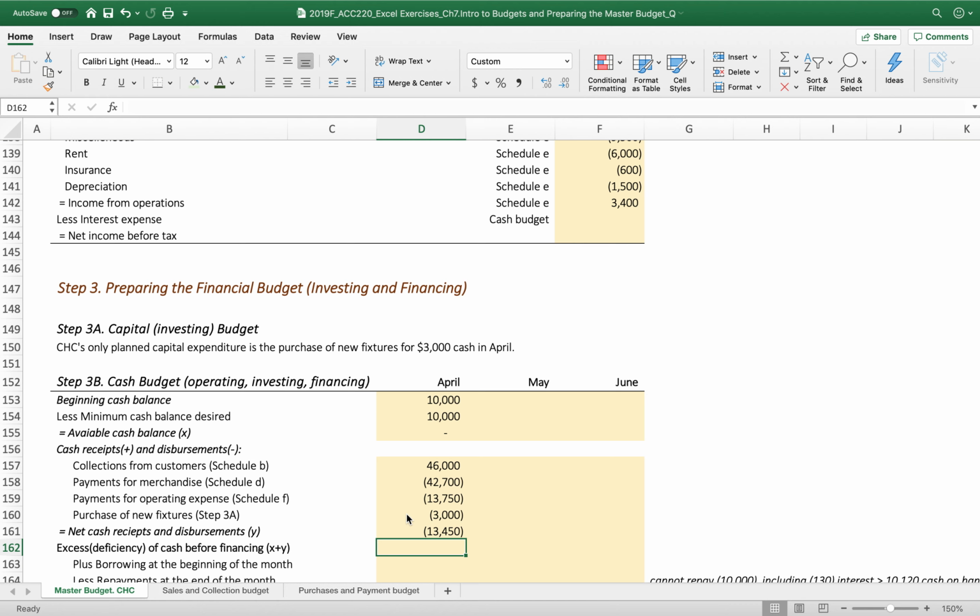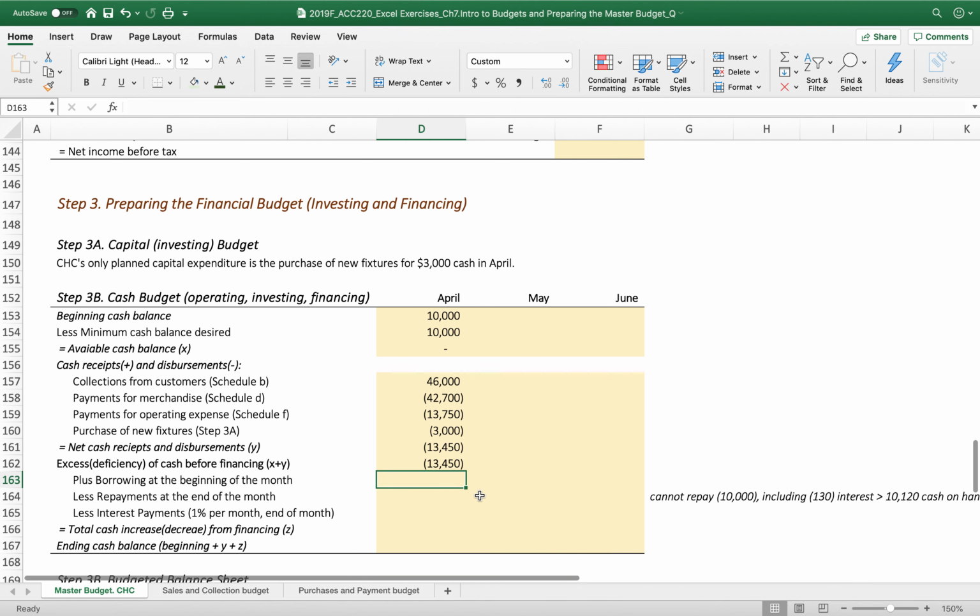Then what amount is the excess or deficiency of cash before financing? The available cash amount plus the cash disbursement is the excess or deficiency of cash before financing. Now, how much do we need to cover this deficiency of cash? At least we need 14,000.